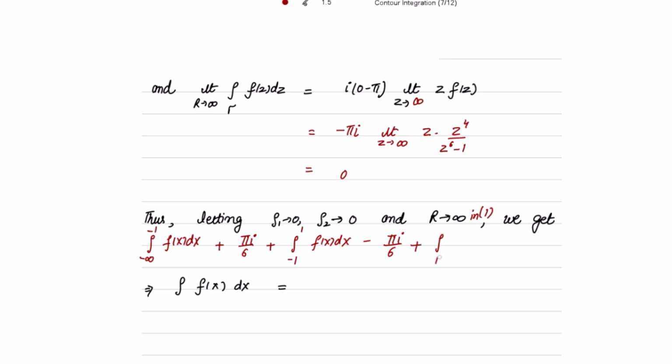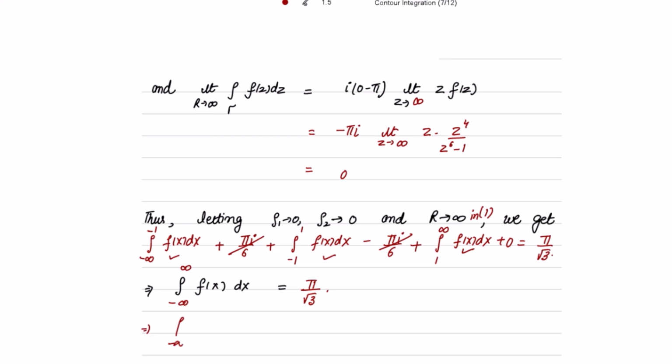And then the integration from 1 to infinity of f of x dx, and then for gamma that integral is 0, so this is equal to pi over root 3. So I'm merging this together, so I get from minus infinity to infinity, and these two are cancelled, so I get this as pi over root 3, right? And what is the value of f(x)?